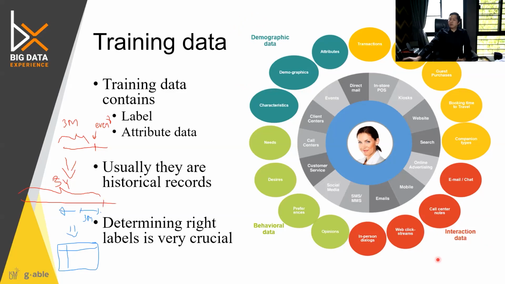Okay, so for the attribute data, you need to have these data types. First is the demographics data type. Demographic data is the data that explains the properties of the unit of analysis. It depends on the unit of analysis. This would be a one-to-one relationship.